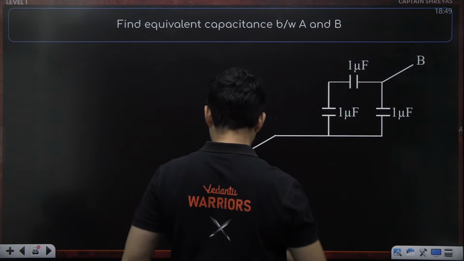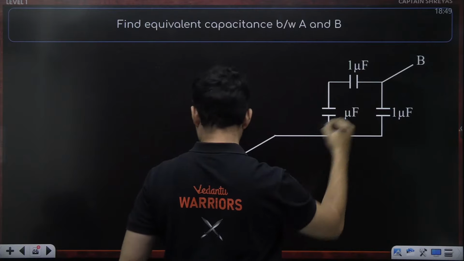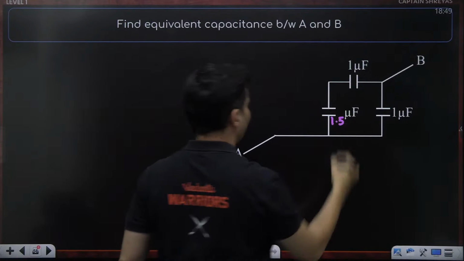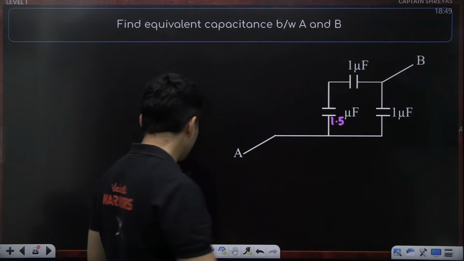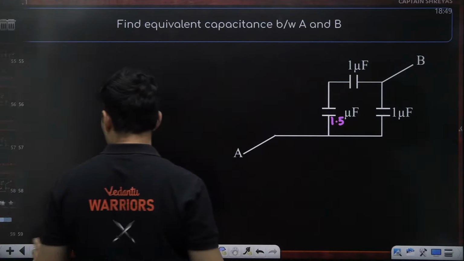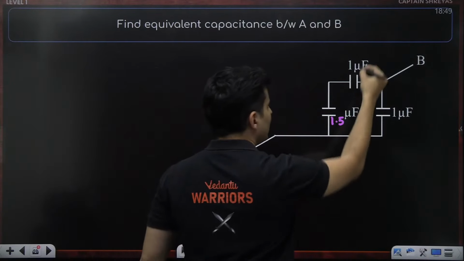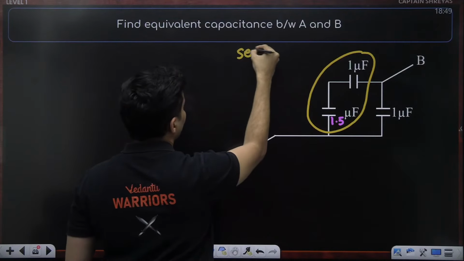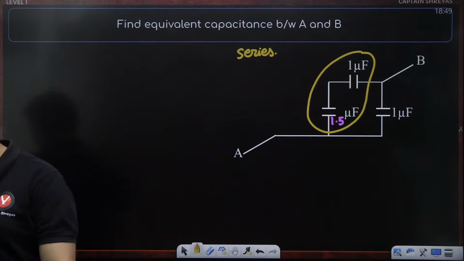So this is basically now 1.5 microfarad. Don't you see this 1.5 and 1? They both are in series now. Are you able to see that, my dear warriors? Yes, this 1.5 and 1, they both are basically in series.